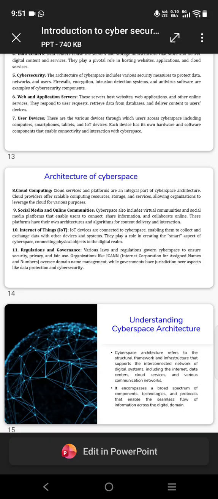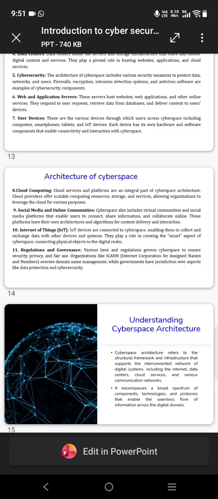Cloud computing. Cloud services and platforms are an integral part of cyberspace architecture. Cloud providers offer scalable computing resources, storage, and services, which allow organizations to leverage the cloud for various purposes. Social media and online communities.